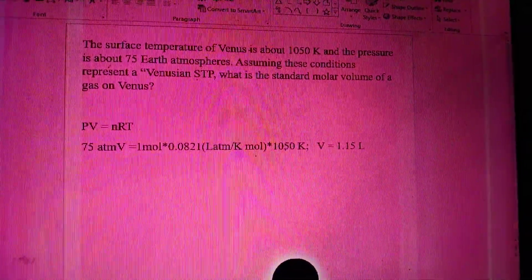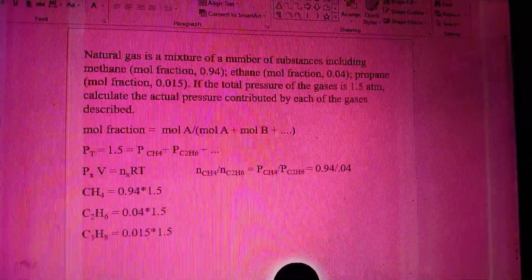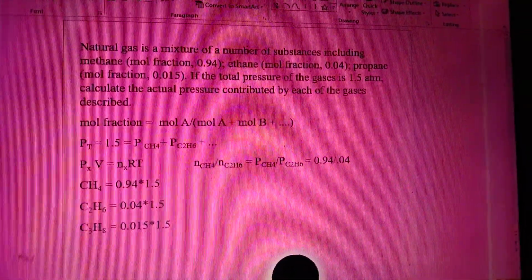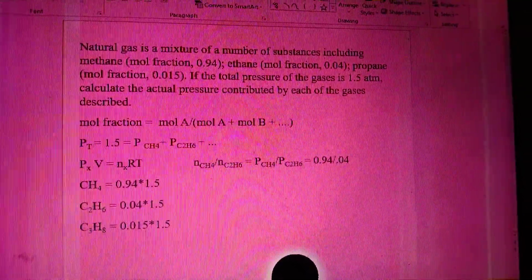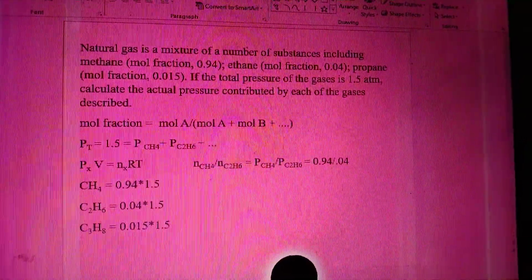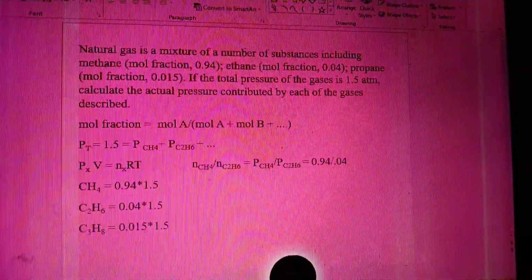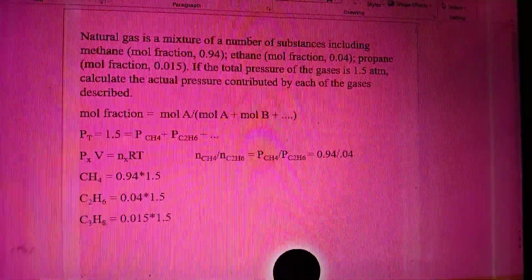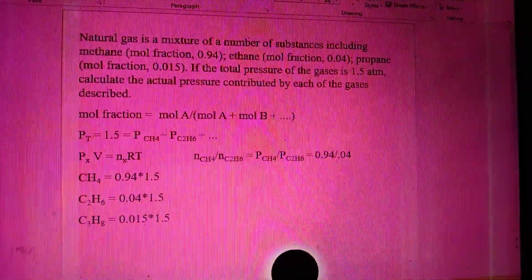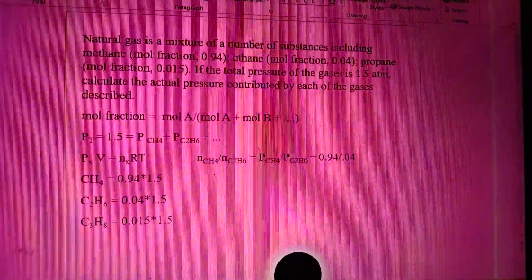So V is equal to 1.15 liters. Natural gas is a mixture of constituents including methane. If the total pressure of the gas is 1.5 atm, calculate the actual pressure contributed by each gas. So that's how you solve the equation.